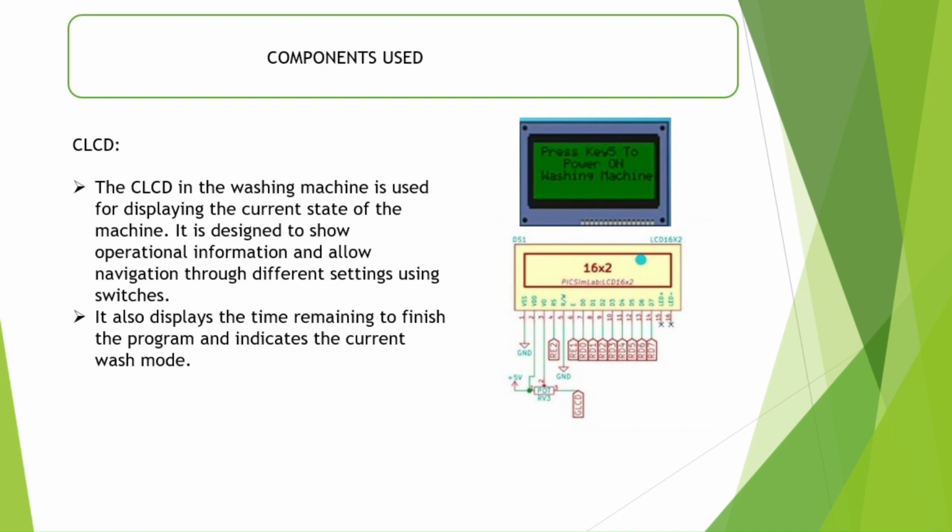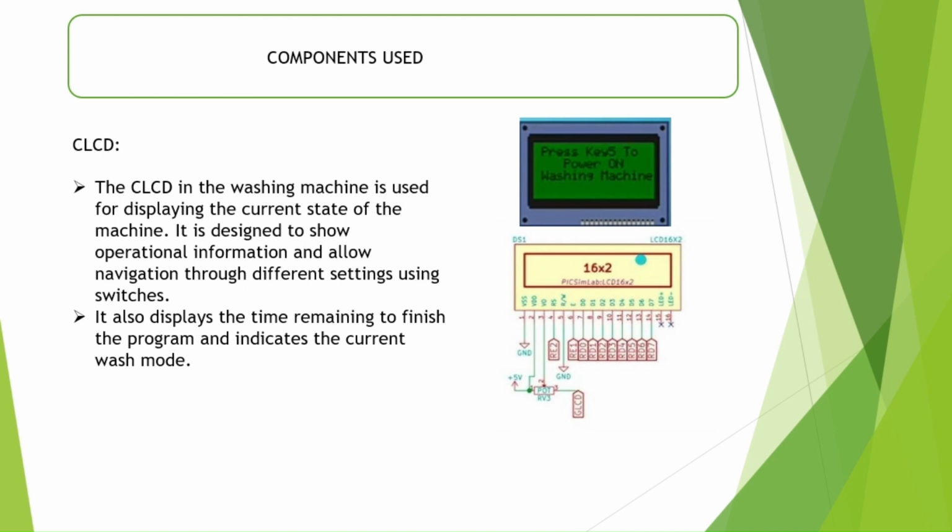So just like a real washing machine, it shows you what's happening at any given moment, and it's designed to show important information about how the machine is working. And it also helps us navigate through different settings using the switches we just discussed. And also think of it as your main window into the washing machine operations.